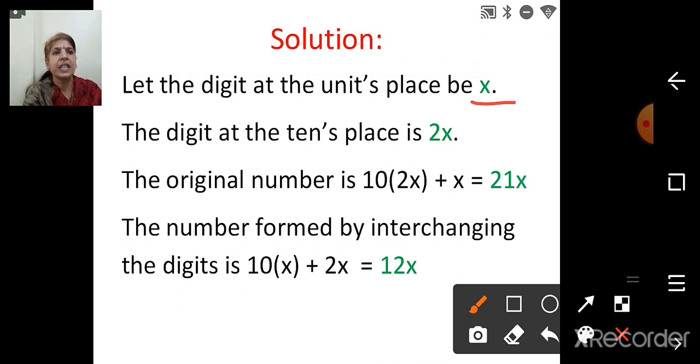So the digit at the tens place is twice, 2x. The original number is 10 multiplied by 2x plus x, so 10 into 2x is 20x plus x, 21x. And the number formed by interchanging the digits, you multiply 10 with x plus 2x. So it will become 12x.